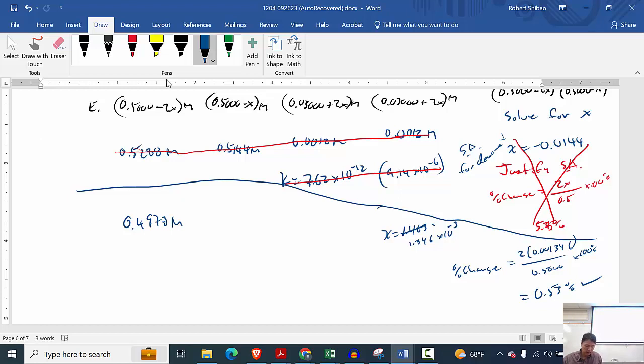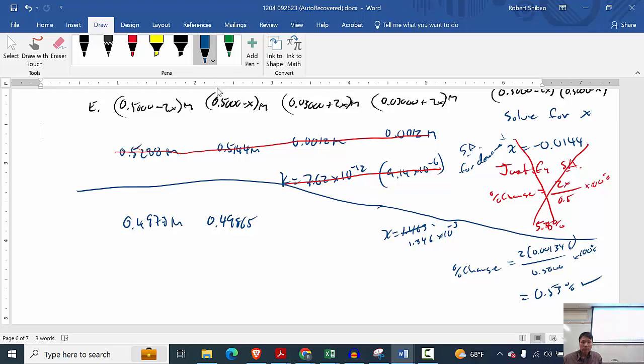And then we'll go with 0.5 minus 0.001346. And this is going to give us 0.49865, if I did that correctly.